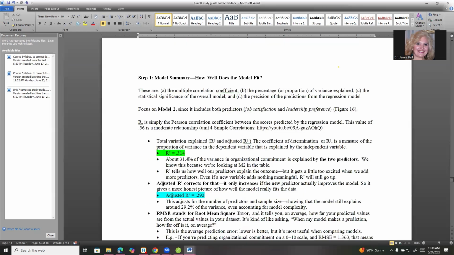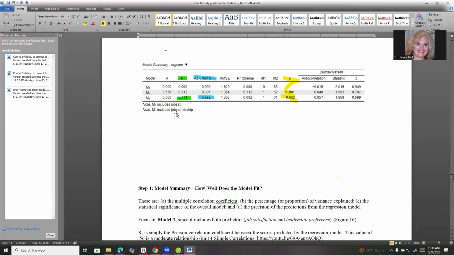Now, the next thing I'm going to look at is my R squared and my adjusted R squared. A lot of people will just use R squared. Adjusted R squared controls for bias to make sure the test isn't overinflated. My R squared for model 2 is 0.314.